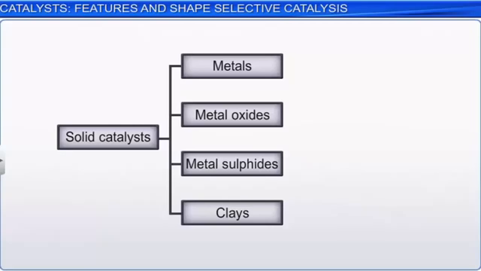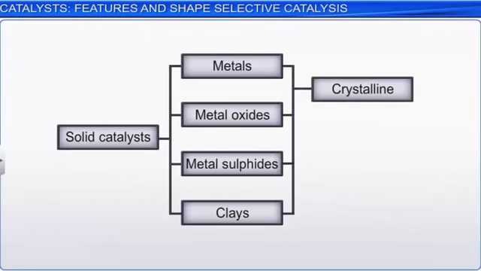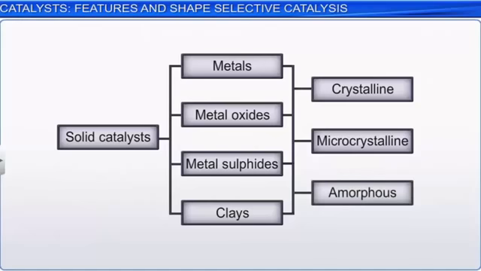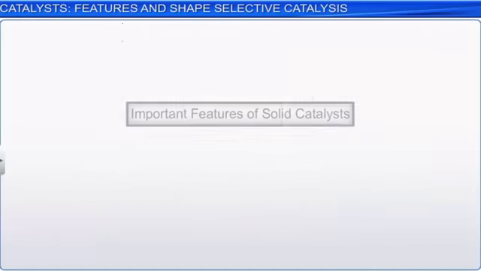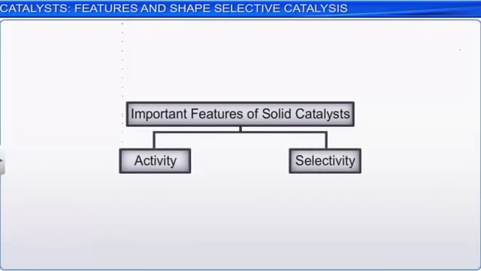Further, they may be crystalline, microcrystalline, that is, in the form of fine particles, or amorphous. However, two important features that govern the choice of a solid catalyst for a particular reaction are activity and selectivity. Let us first discuss the activity of a catalyst.